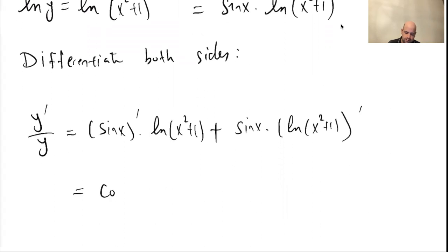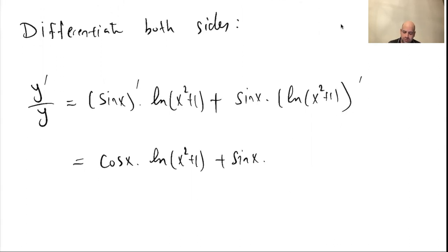So then this is cos x times ln x squared plus 1 plus sine x times now derivative of ln x squared plus 1. Ln u derivative, we know it's u prime over u, so it's going to be 2x over x squared plus 1.